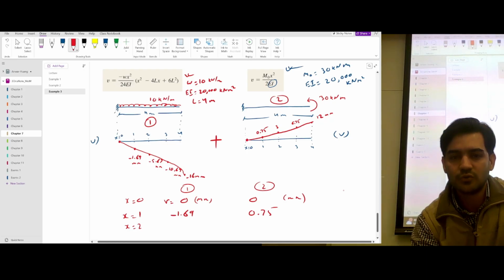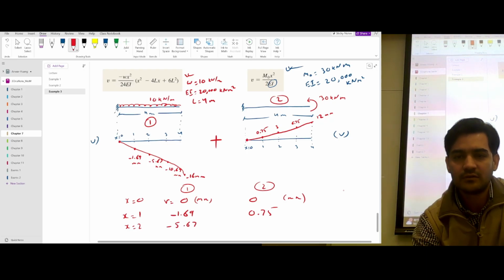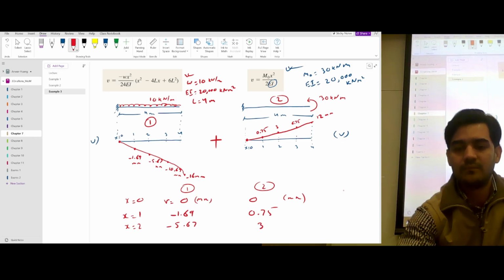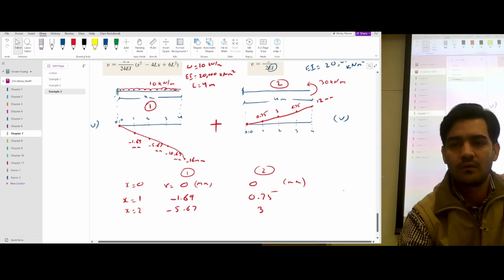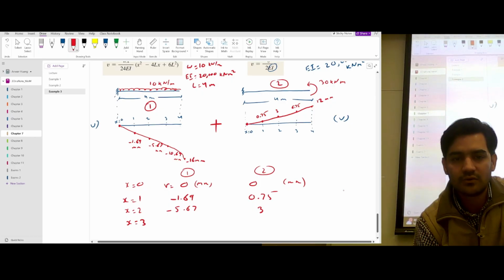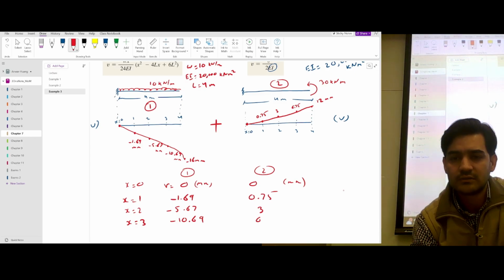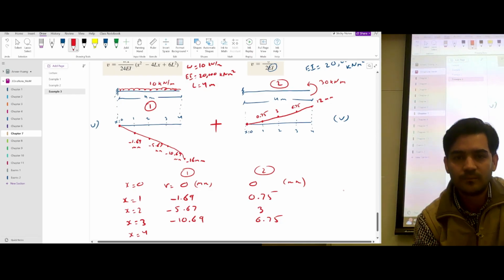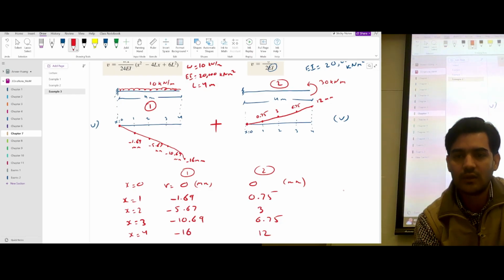Everything is in millimeter. When x is equal to 2, I got negative 5.67, and here I got 3. For x is equal to 3, I got negative 10.69, and here I got 6.75. When x was 4, I got negative 16, and here I got 12.